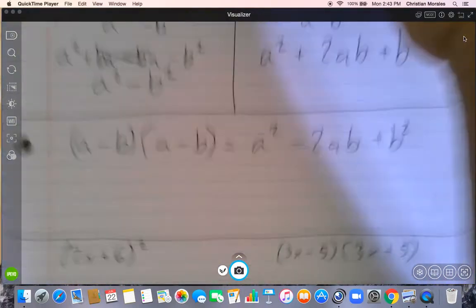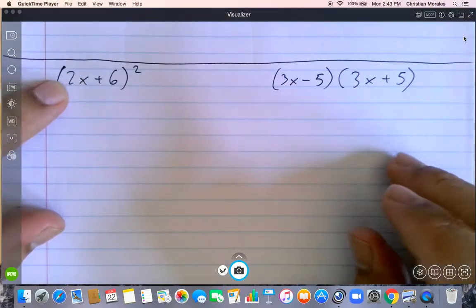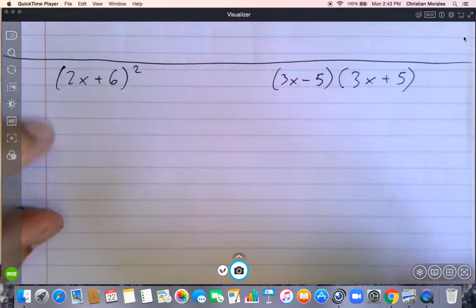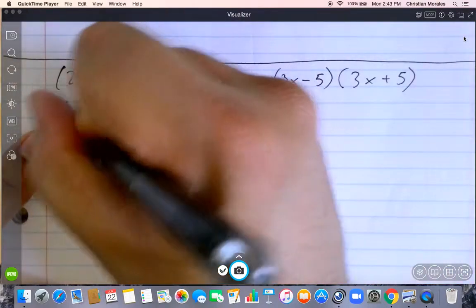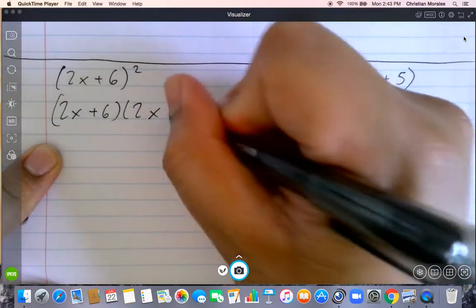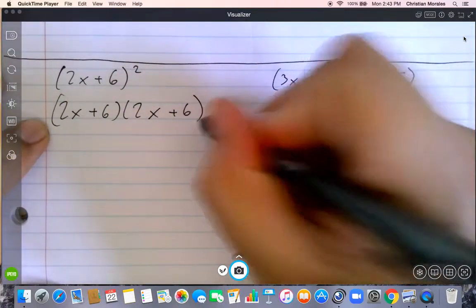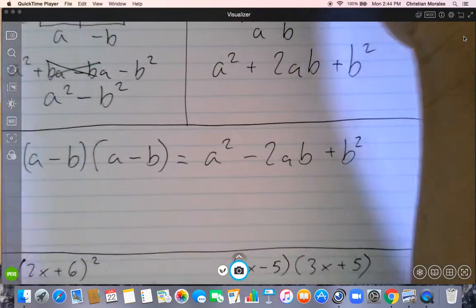So here's a couple examples to show you how it works. Now, this has a name. It's a perfect square. What this is, 2x plus 6 times 2x plus 6. That's a perfect square. So when you multiply it, it's going to look like this one.